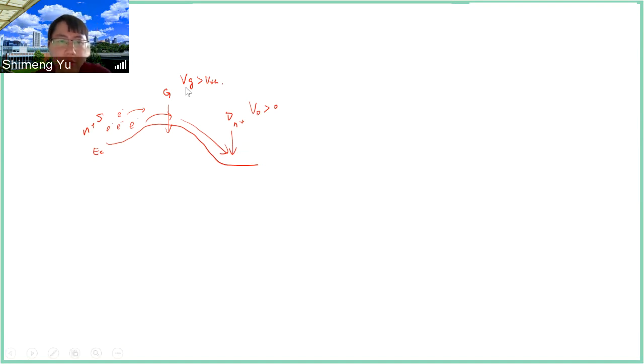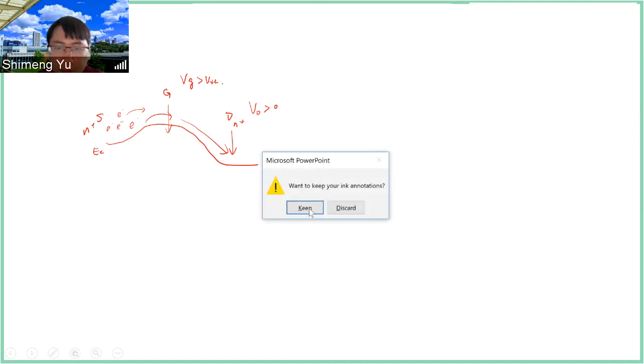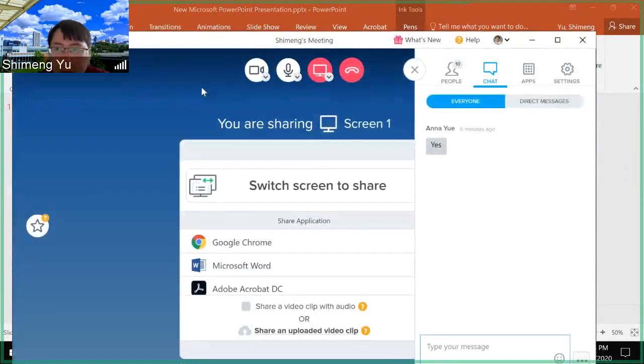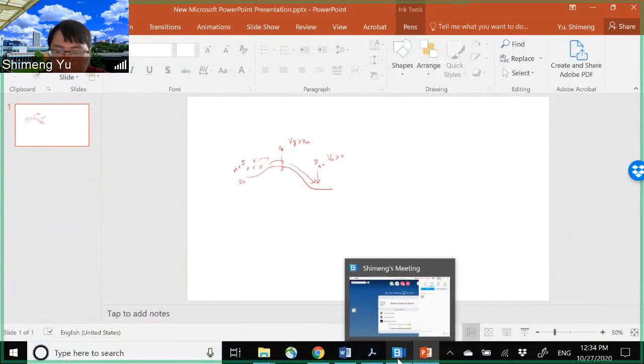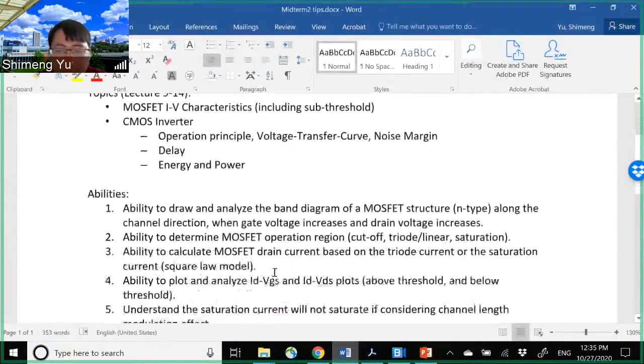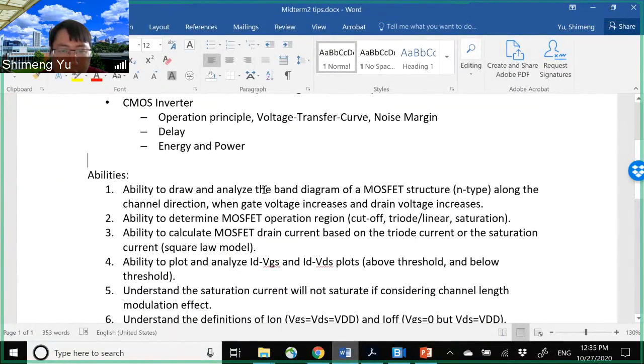So this is how the transistor works from the band diagram point of view. So then let's go back. Understand this band diagram, how it evolves when you apply the gate voltage and drain voltage.